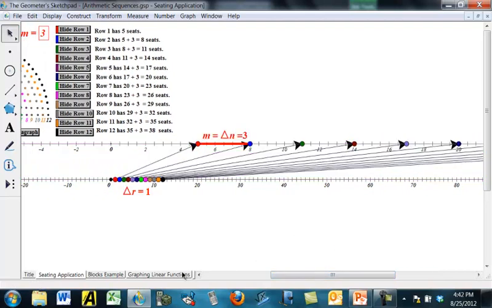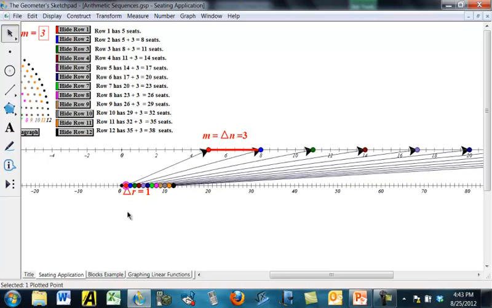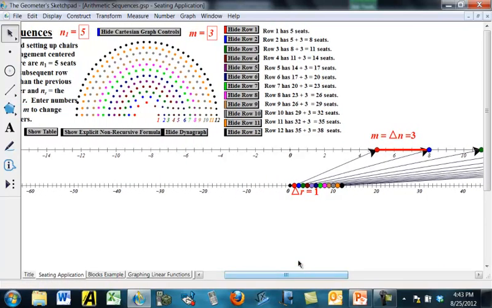Okay, and so in a dynagraph, if it's a sequence, it will graph x's at 1, 2, 3, 4, 5. I want to adjust this just a little bit.